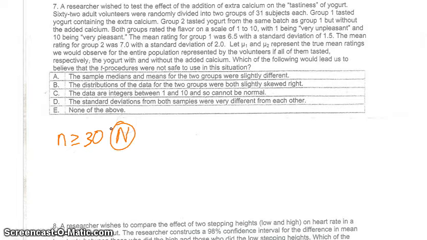We have random allocation because they are randomly divided by our experimenters, so this is met. And is it reasonable to assume independence in this situation? And that is true. Therefore, we're going to say none of the above.